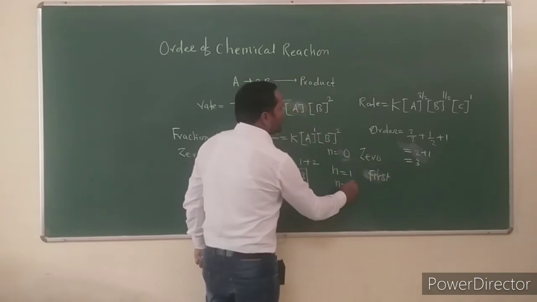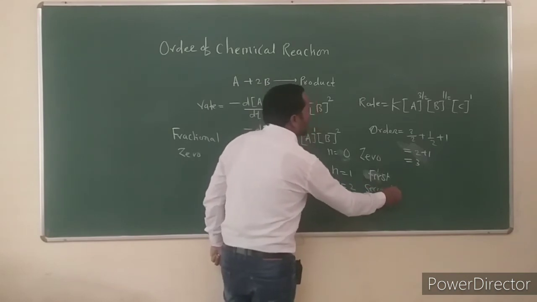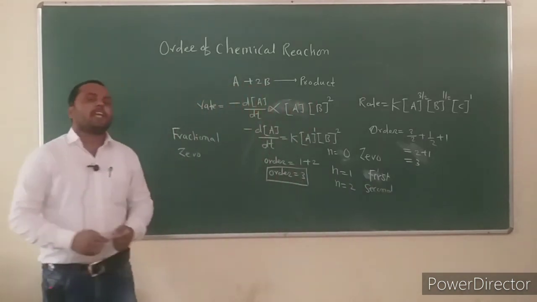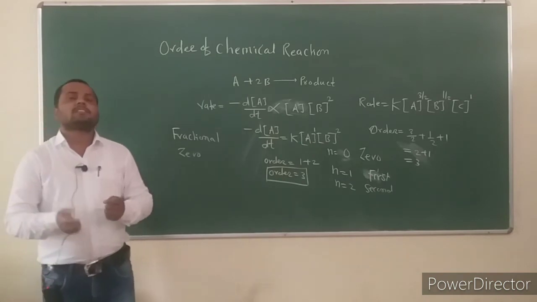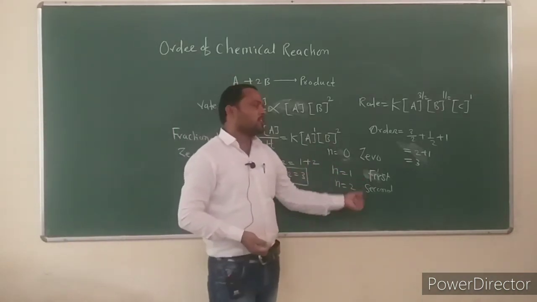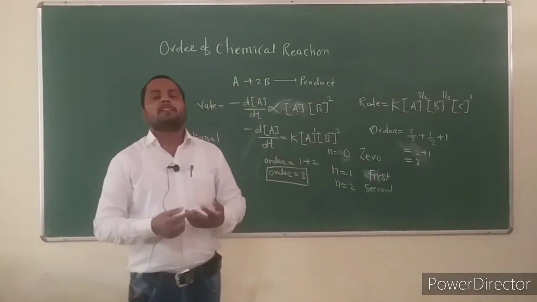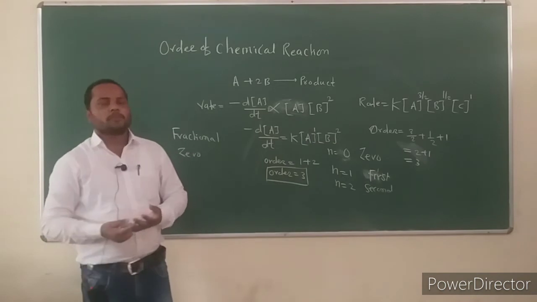If the order is 2, it is a second order reaction. If the order is 3, it is a third order reaction. So reactions are classified as zero order, first order, second order and third order reactions.